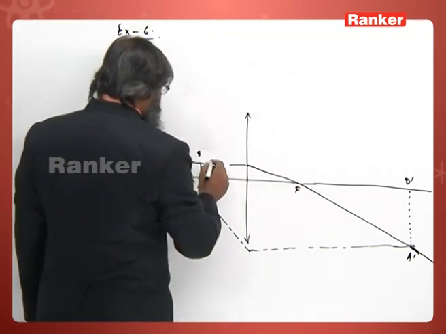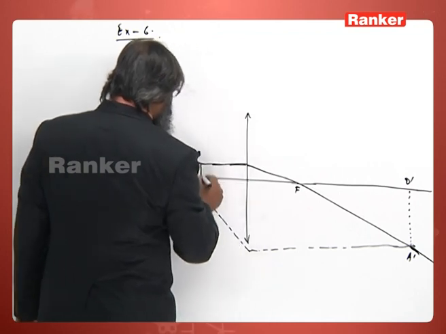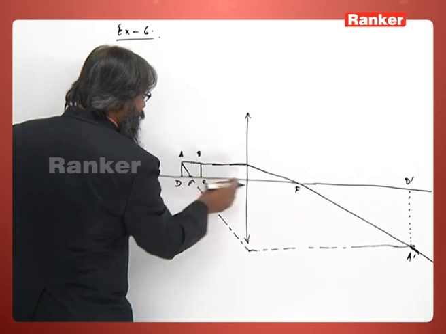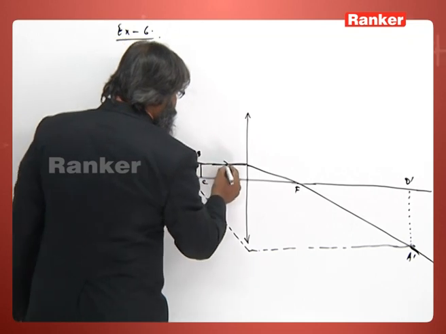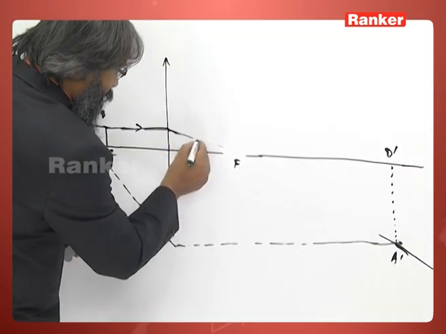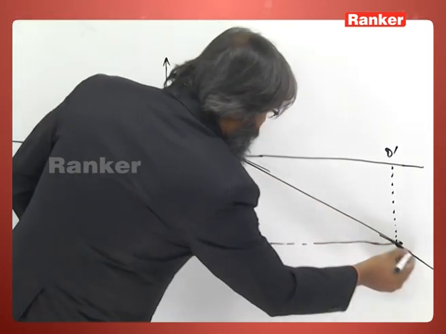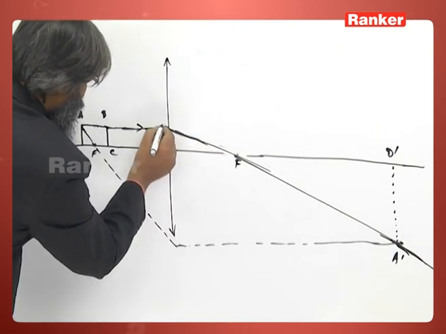Now think about a ray here, this point BC, this line BC is lying this side. This is between pole and focus. So you will have an image here. So this ray, after this, is a straight line. So we have to draw it carefully somewhat.